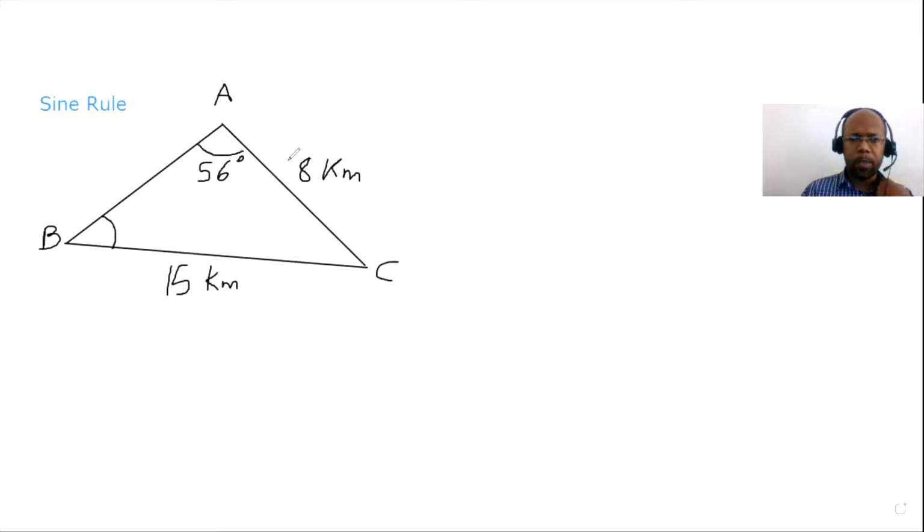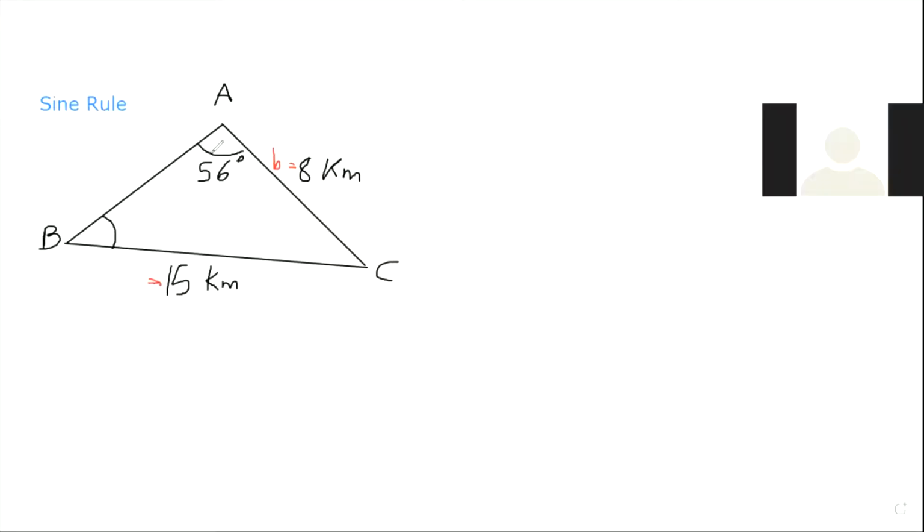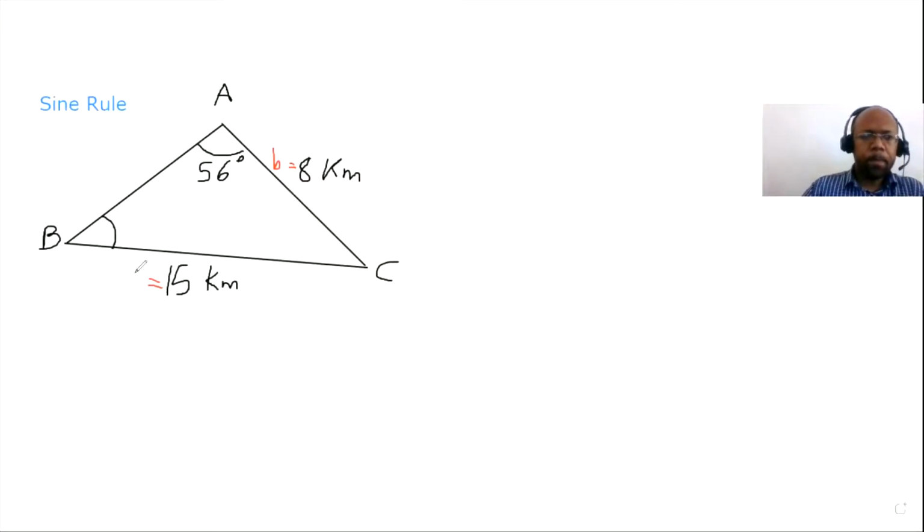So we know that this side is actually going to be B. And what's this side going to be labeled? A. A, that's correct. All right, so that's A.